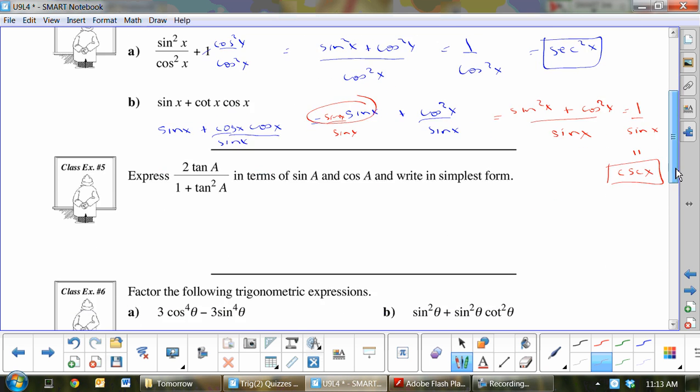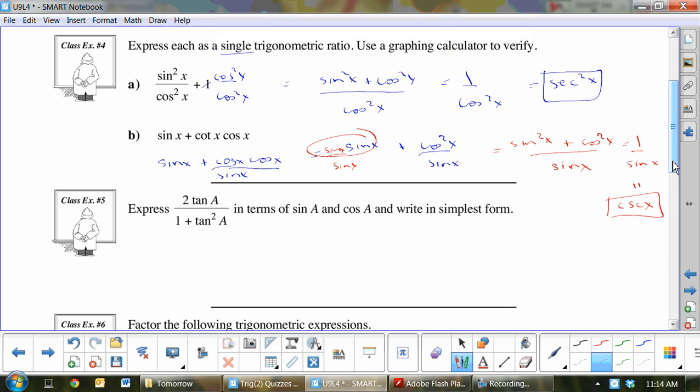Now, this one here says I want it written so there's only sines and coses in it, and they don't want any addition or subtraction signs. There's sometimes, when you learn more things, many ways to get to the end when you do proofs. And this one, if I look in the book, I'm like, what? Why did they do it that way? They created this whole mess because they didn't see one thing.